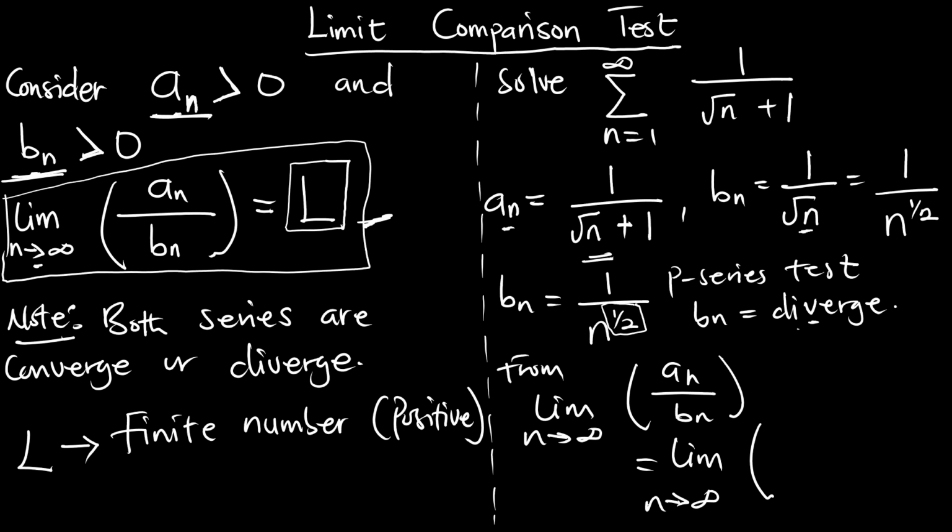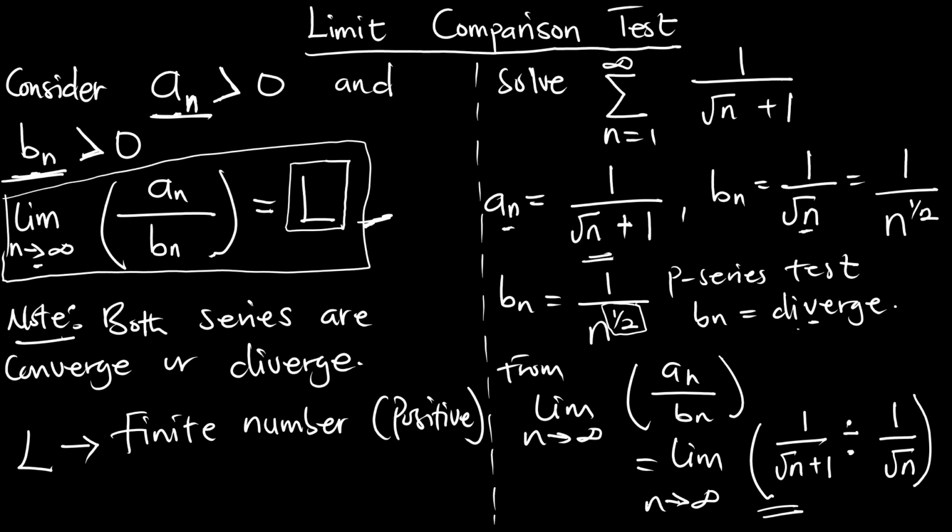Now what is our an? Our an is 1 on square root of n plus 1. Everything is divided by bn. And our bn is also now 1 on square root of n. So we are to solve this expression.